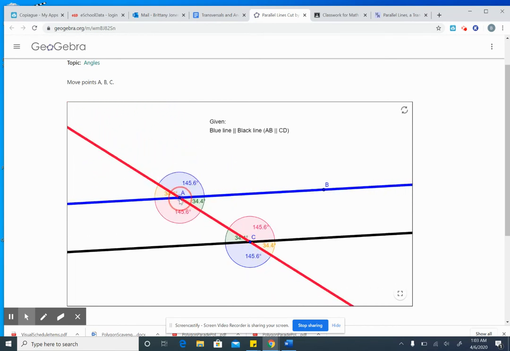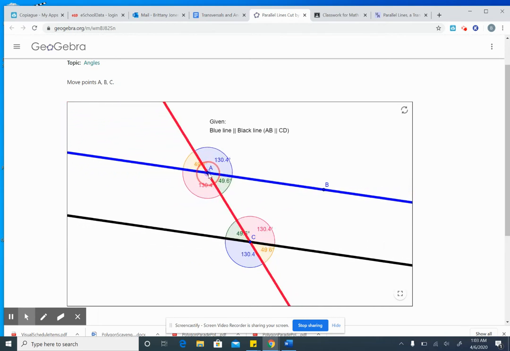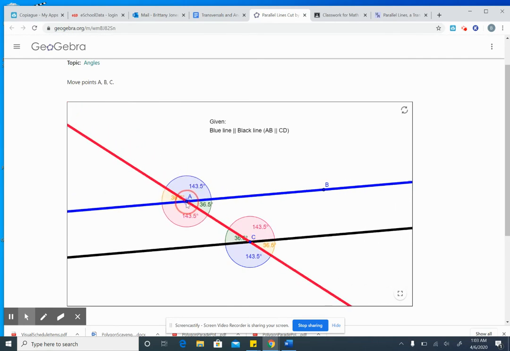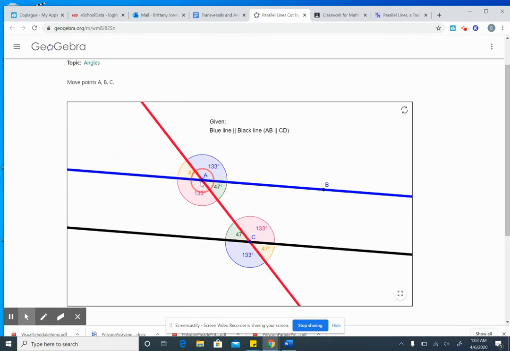I just thought that was kind of cool to show you because those angles will change with one another, but proportionally.